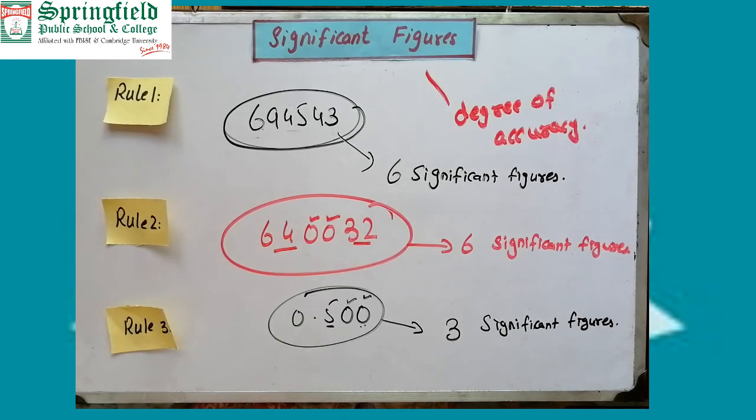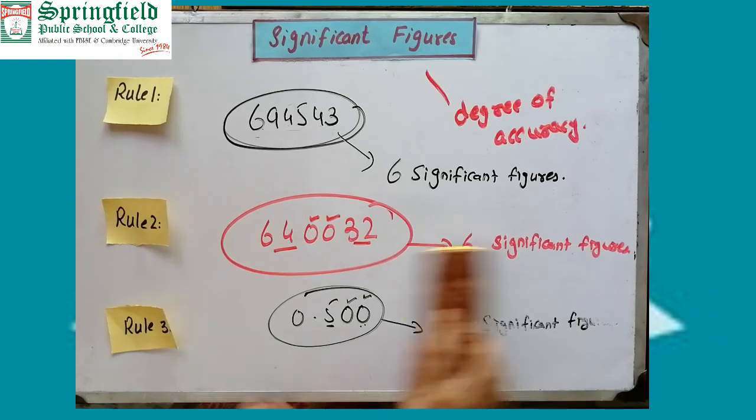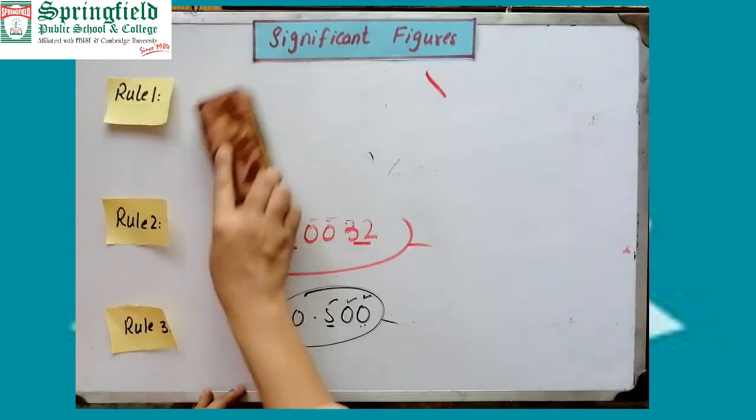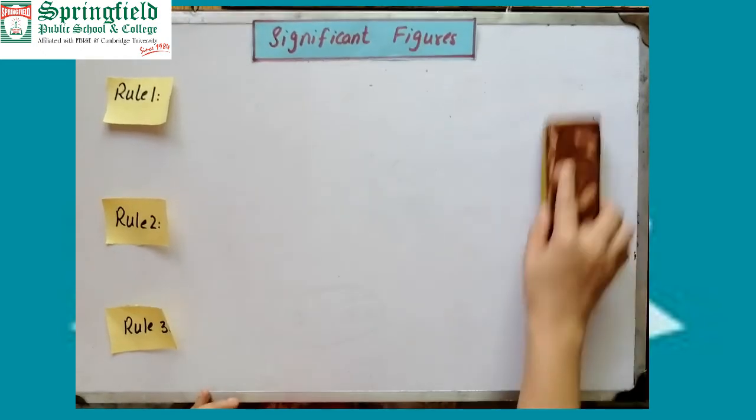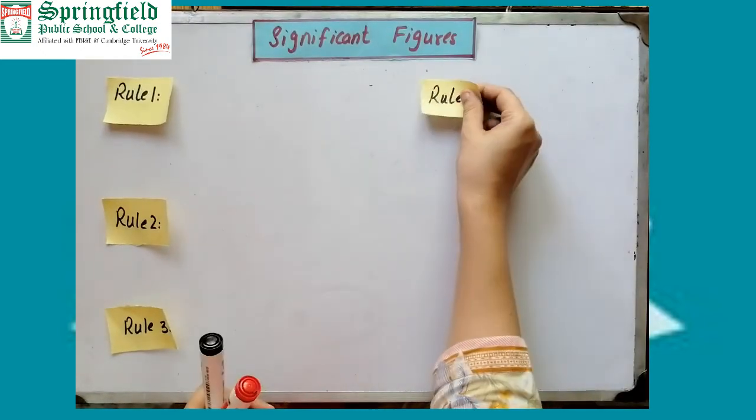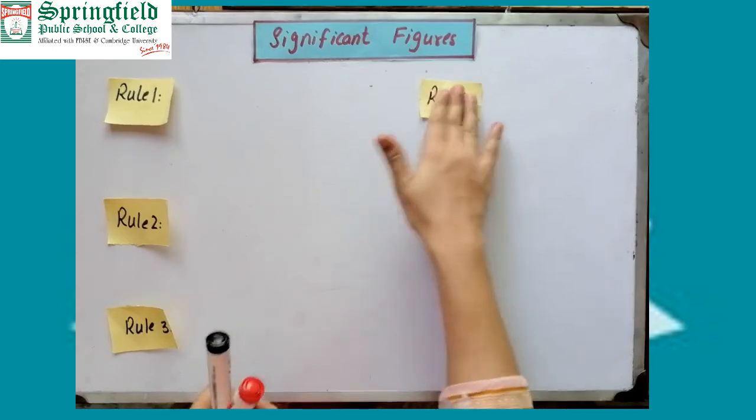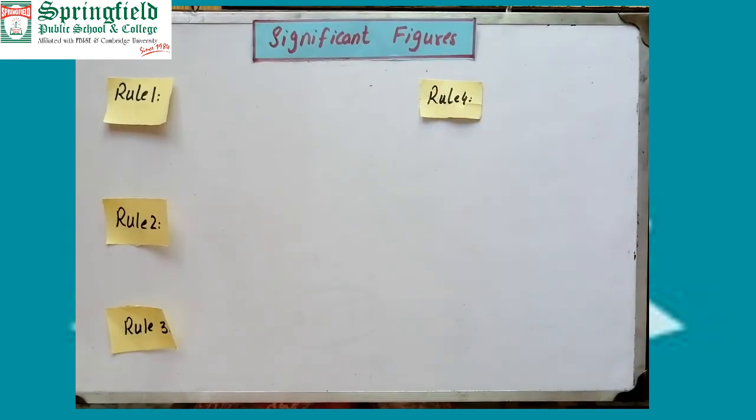Understood, beta? Okay. Now the fourth rule, rule 4, is what they are saying: in a decimal number all zeros before a non-zero digit are not significant.